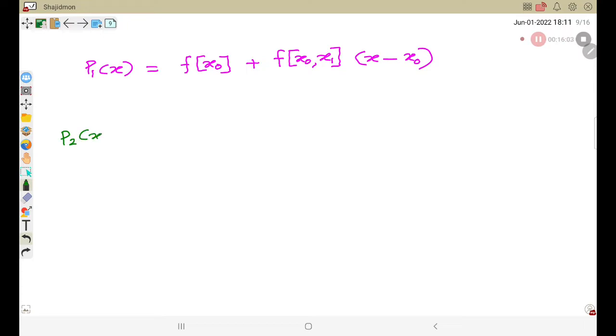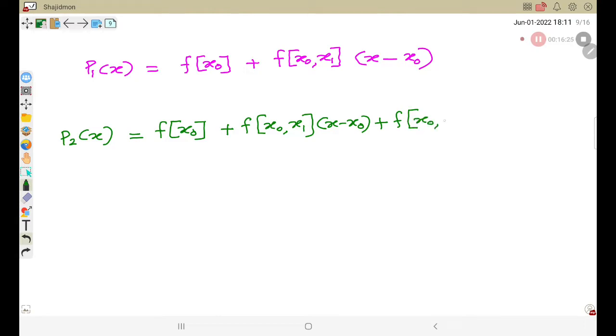P2 of x equal, so start with f of x0, correct, f of x0 plus f of x0 comma x1 multiply x minus x0, plus what will be the third term, f of x0 comma x1 comma x2, correct, multiply x minus x0 multiply x minus x1, correct, the last we will not take, x2 we will not take, x minus x0 multiply x minus x1, like that it is continuing. If you want, we can write p3, p4, all the terms, correct.